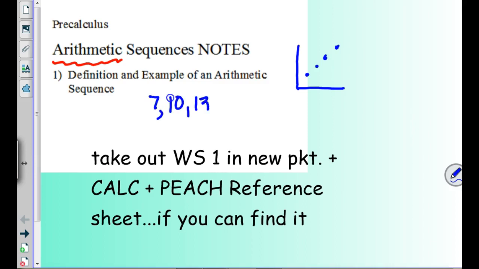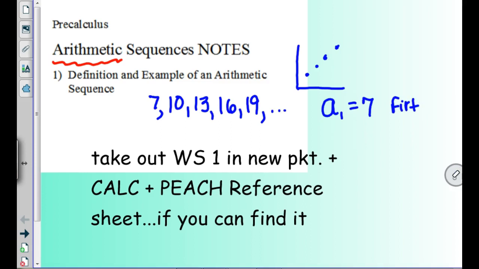We'd have, how did I do? Does that seem right? Okay, so the notation would say a sequence whose first term is 7. Okay, so this means first term.